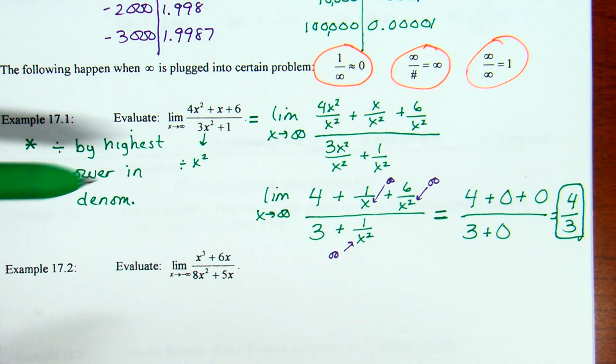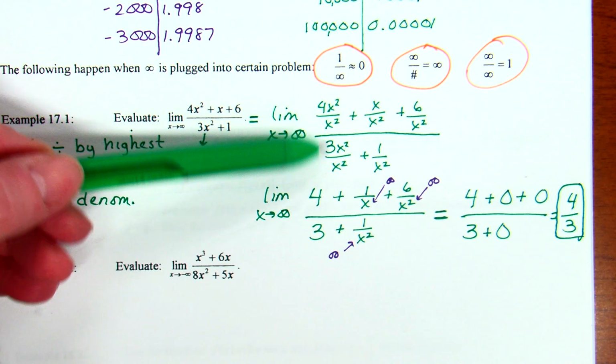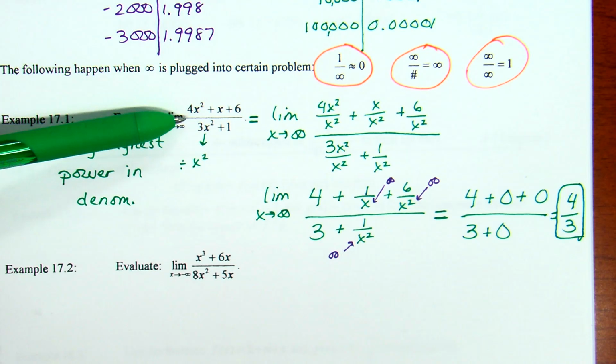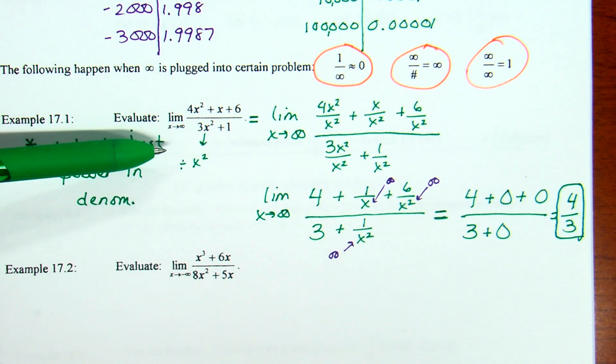Notice in this particular problem, my powers matched, didn't they? Okay, my powers matched, and so it really just turned into being the coefficients of the highest powers. Where else have we used coefficients of the highest powers? This is a horizontal asymptote, folks.